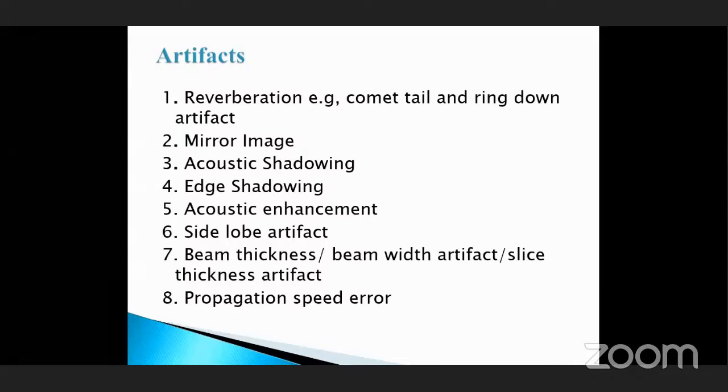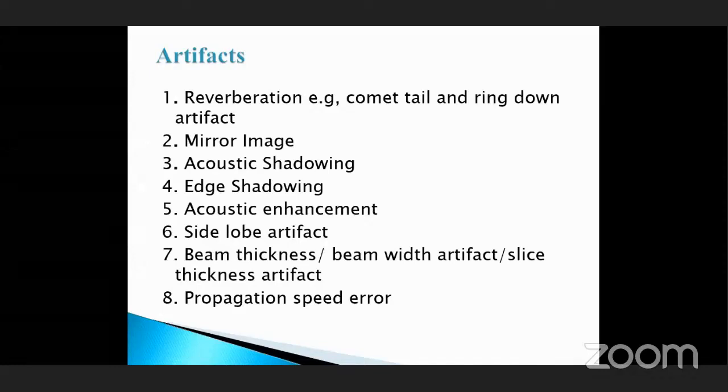So if ultrasound passes through the urinary bladder and the surrounding soft tissue, a greater number of ultrasound waves will reach the caudal distal end of a cystic structure as compared to a structure adjacent to it. So the area beneath a cystic structure or a fluid-filled cavity will appear brighter.